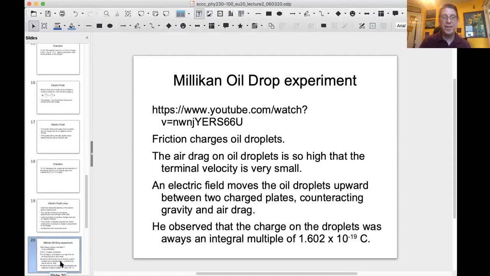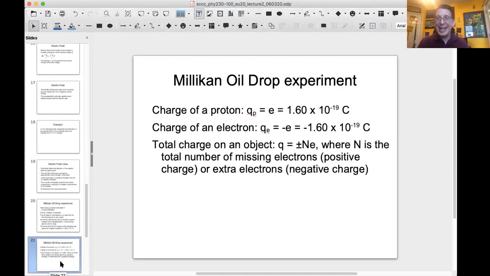So we're going to define a variable E as the fundamental unit of charge, 1.60 times 10 to the negative 19 coulombs. And so the charge of a proton is positive E, and the charge of an electron is negative E. So protons and electrons have equal and opposite charges.